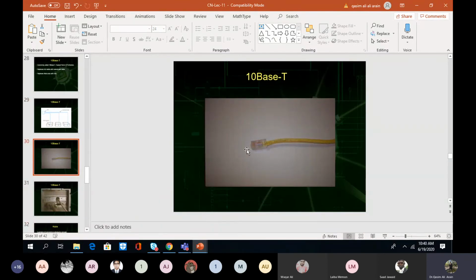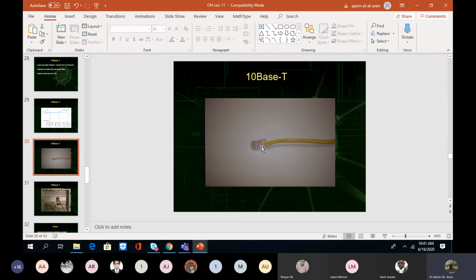Then you have this is something, अगर किसी ने नहीं देखा तो यहाँ पे देख लें कि this is your RJ45 connector, not a jack. Jack आपका कौन सा होगा जिसमें जाके ये insert होगा, and this is your twisted pair cable. ठीक है जी, ये आपके पास twisted pair cable है.